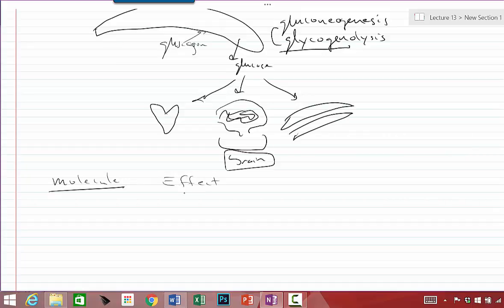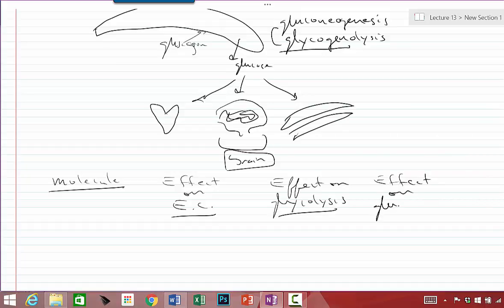I'm going to say the effect on EC, energy charge. I'm going to say the effect on glycolysis. I'm going to say the effect on gluconeogenesis.